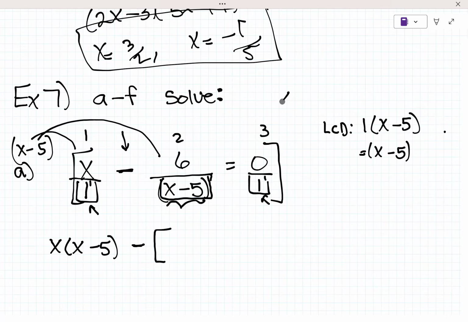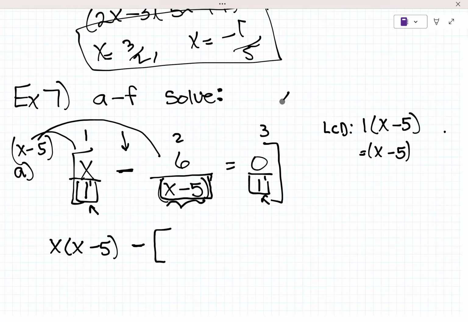So our base is going to be x parentheses x plus 2, and then don't forget about this invisible 1. So really, it's just x parentheses x plus 2. Now do not FOIL it out. Leave it as it is, and you'll see why. So now we're going to multiply all three sides by x parentheses x plus 2. Okay. So do it on all three sides.